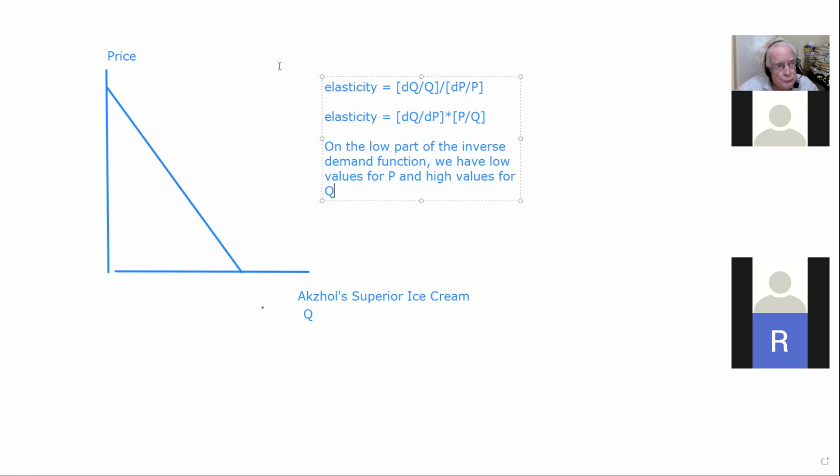So for example, at this point, the quantity is large. So on the low part of the function, 3 divided by 2 is very small. And therefore the elasticity is small as well.